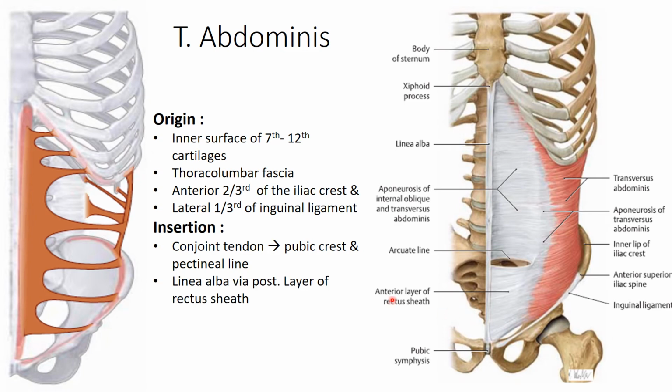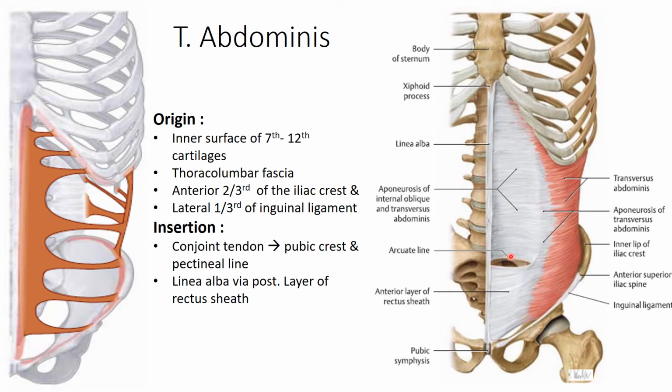The remaining fibers decussate at the linea alba through the posterior layer of the rectus sheath, and this posterior layer of the rectus sheath continues posteriorly.